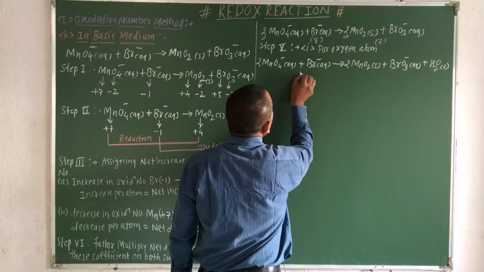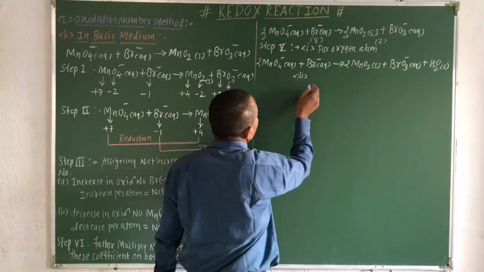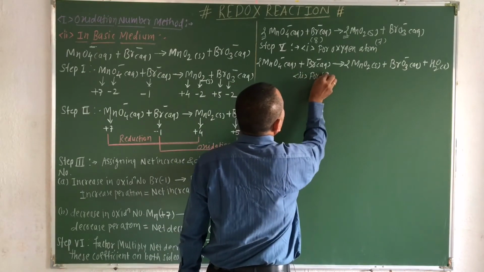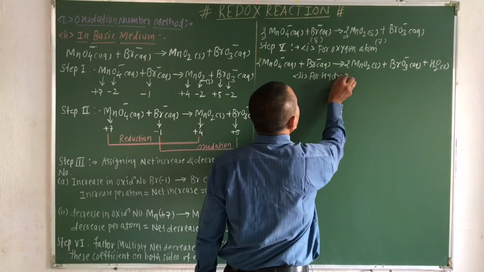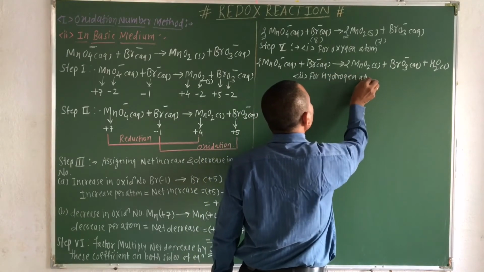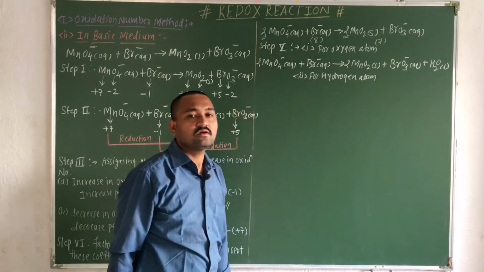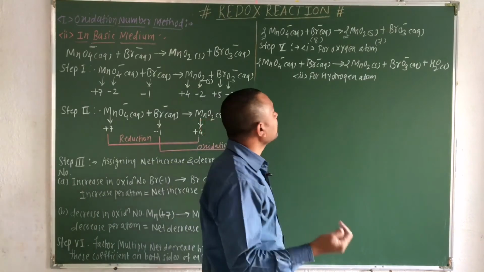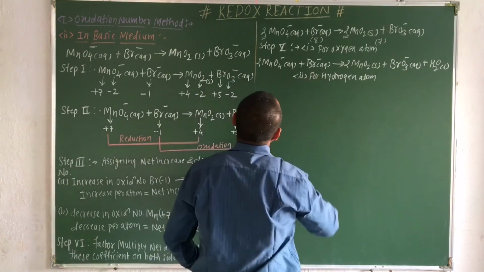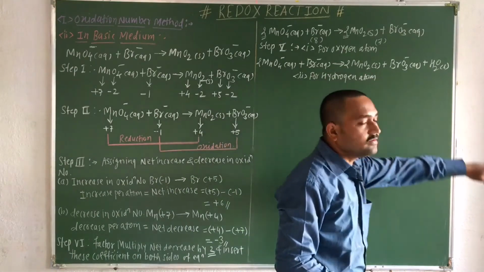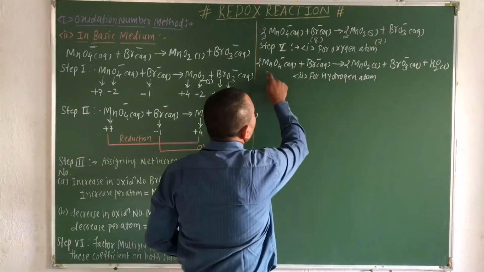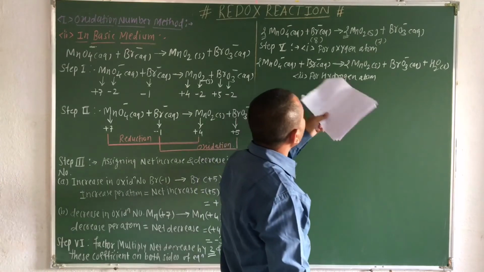Now similarly we have to balance it for the hydrogen atom. For hydrogen atom we know how we can balance it, 1 H plus for 1 hydrogen atom. Now count the hydrogen atoms from your left hand side and from your right hand side. Here there is no hydrogen atom, so obviously it will be 0.